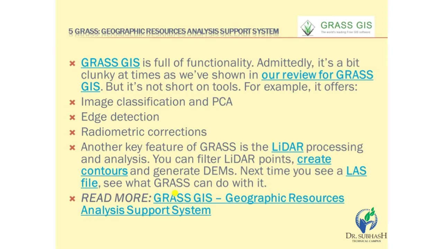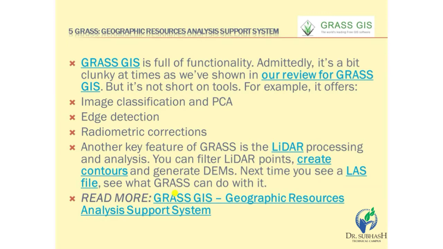Another key feature of GRASS is LIDAR processing and analysis. LIDAR is one type of remote sensing, and it is useful for our processing purposes. You can filter the LIDAR points and create contours.